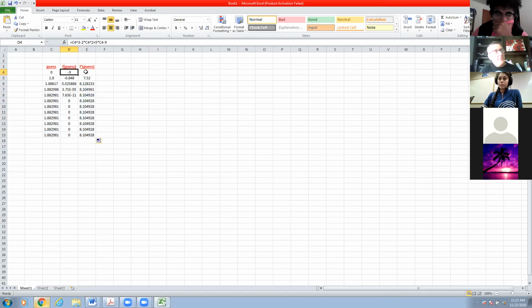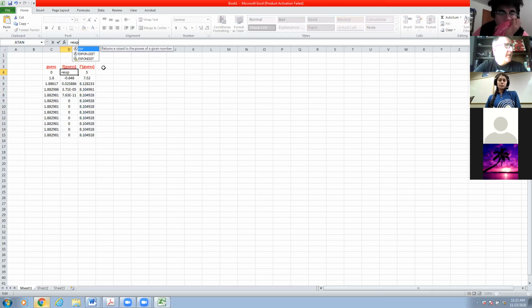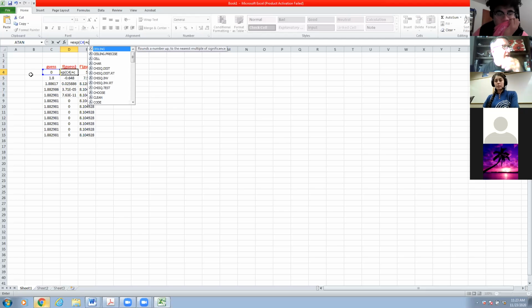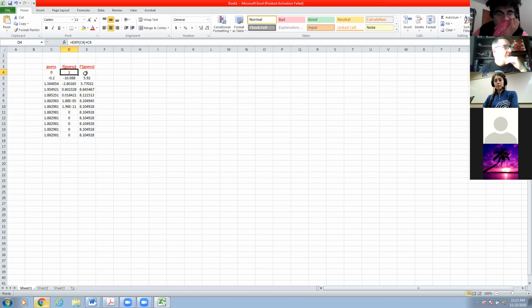Let me quickly go back and redo the original problem. The original problem said our function was e, which in the language of Excel, you have to say exp. It was e to that number plus that number again. Wasn't that our equation? And the derivative was the same thing, the function evaluated at that number, but then plus 1.